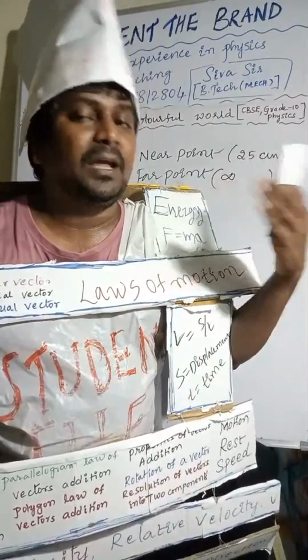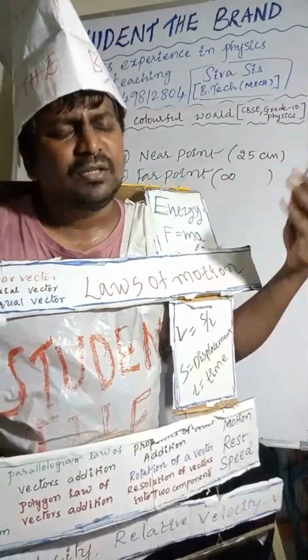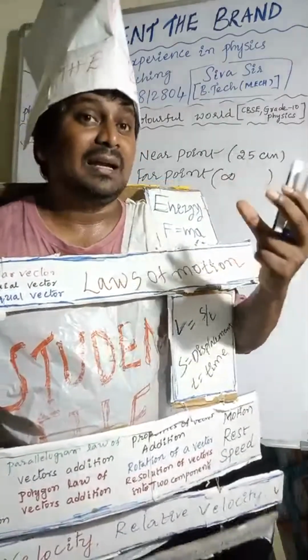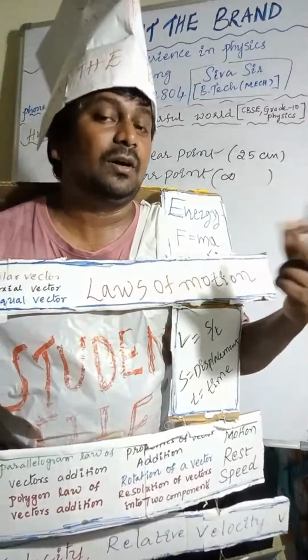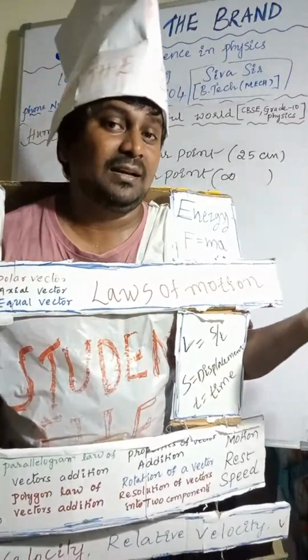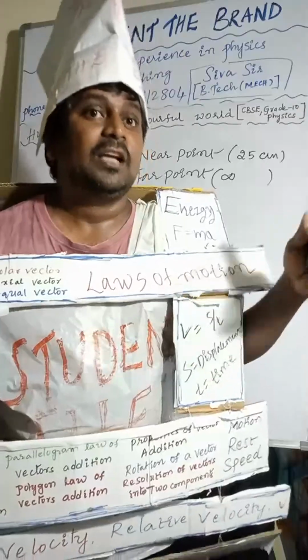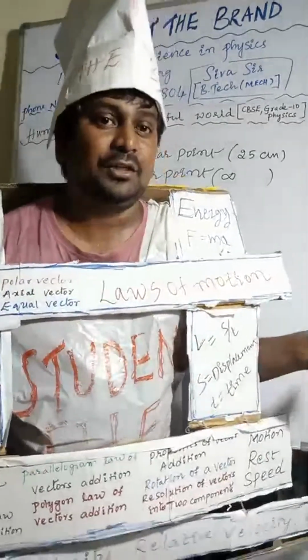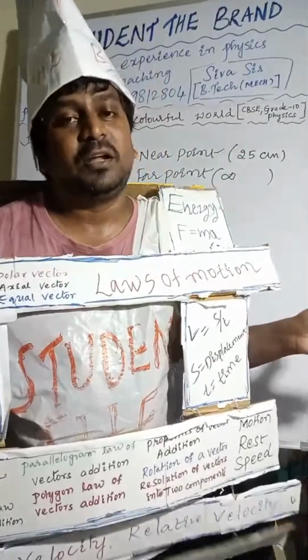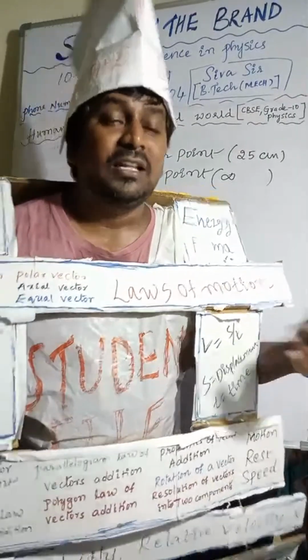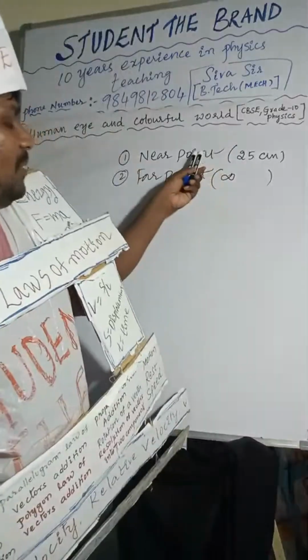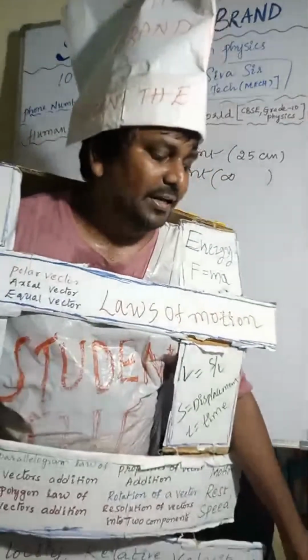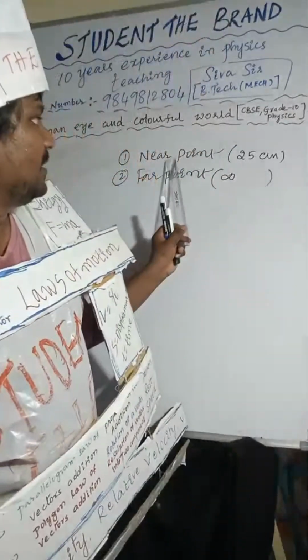Below that, the ciliary muscles can't contract beyond that point, so we can't see the object below 25 centimeters. So the minimum distance up to which a person can see clearly and comfortably is 25 centimeters. That is the near point.